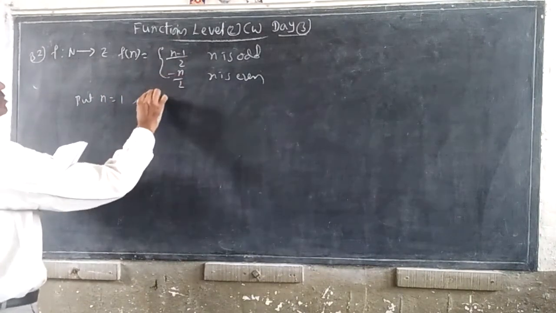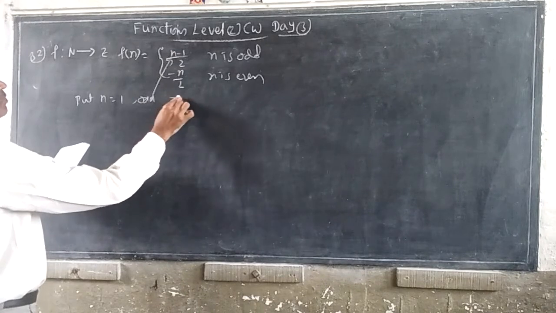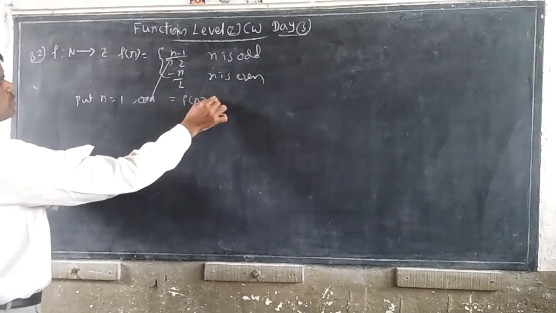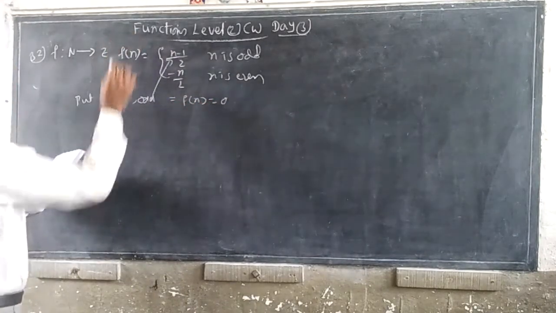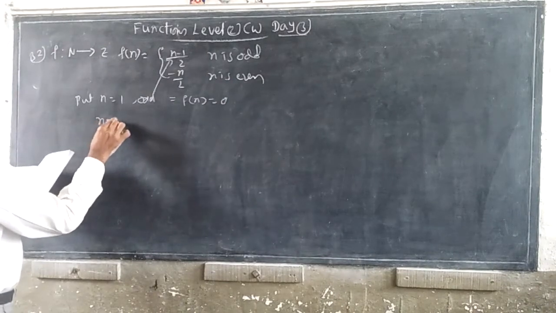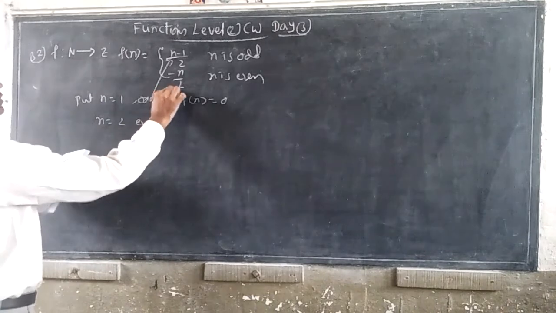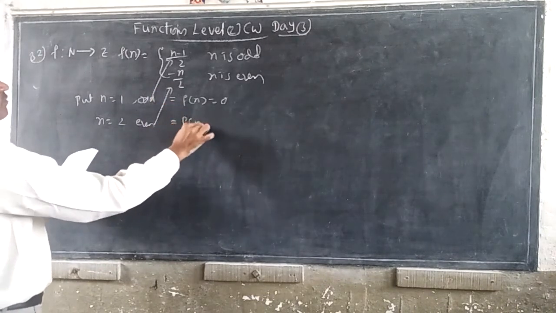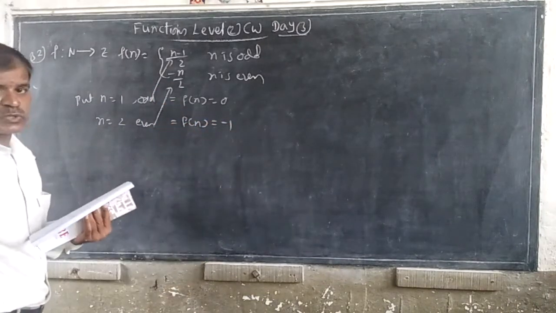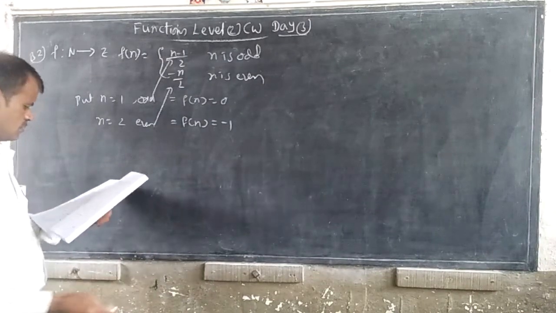So for odd, substitute: (1 minus 1) by 2, it becomes f of n equal to 0. Okay, Z, integer. Next, n equal to 2 means even. Even means minus n by 2, so f of n equals minus 2 by 2, which is minus 1. It is in Z, okay.